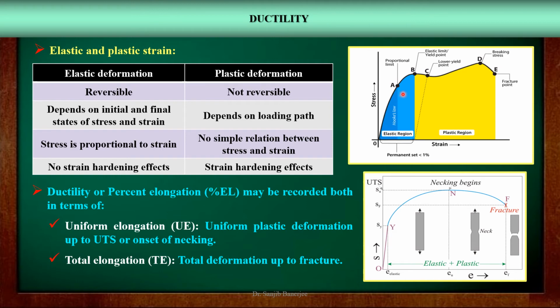So, up to this point A, the stress strain curve is approximately a straight line, which indicates that stress is proportional to strain following the Hooke's law. While during the plastic deformation, no simple relationship between the stress and strain exists.